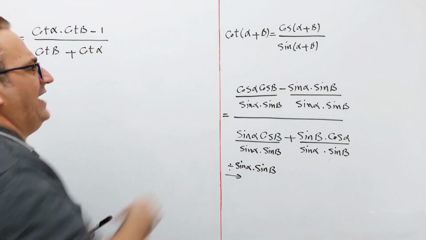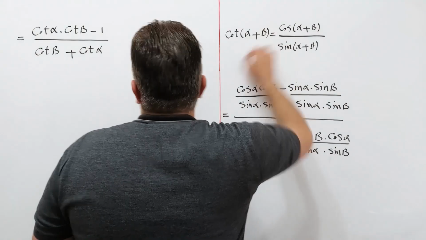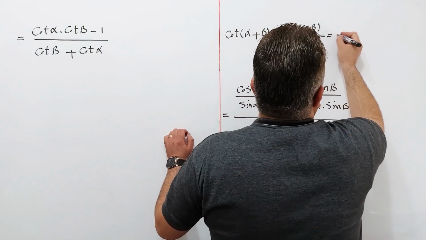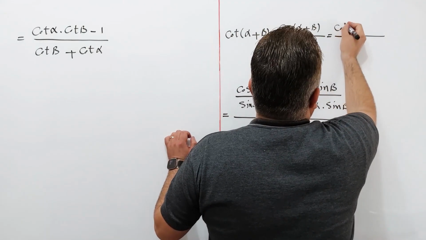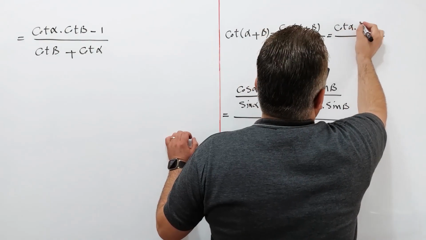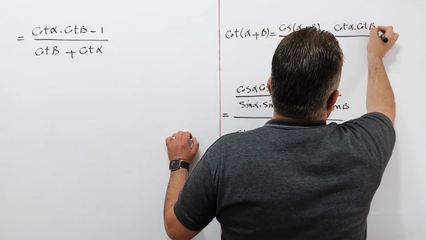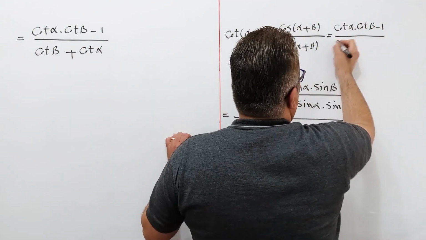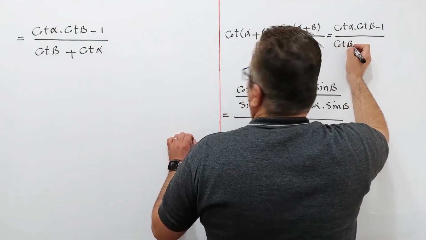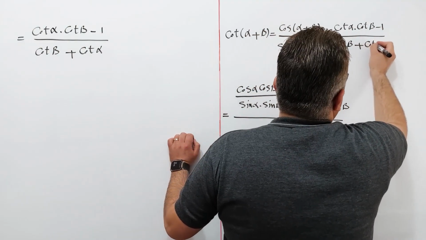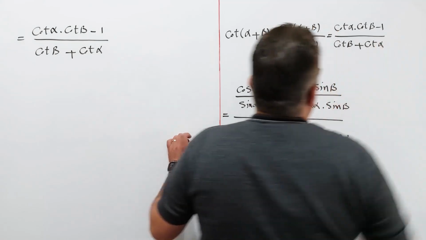So cotangent alpha plus beta is equal to cotangent alpha times cotangent beta minus 1 divided by cotangent beta plus cotangent alpha.